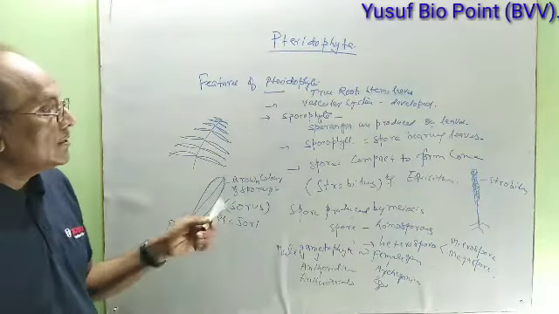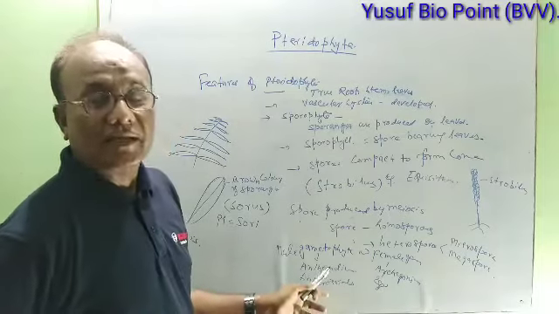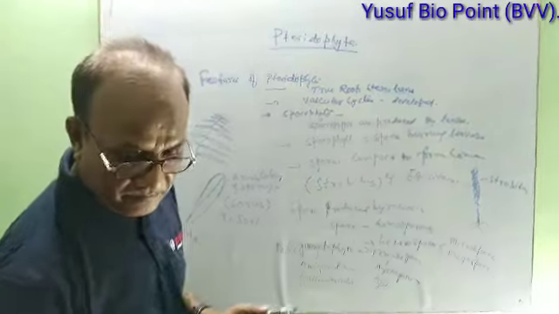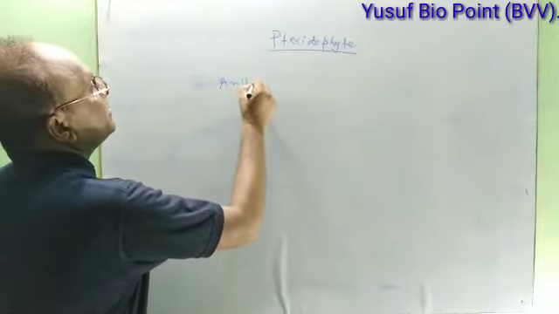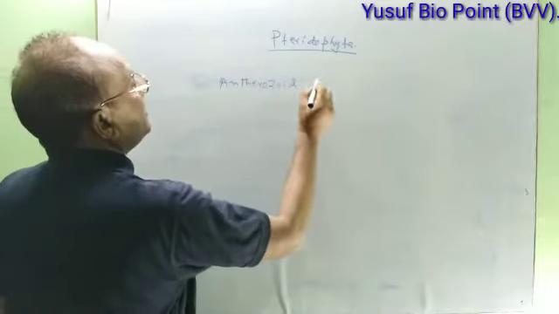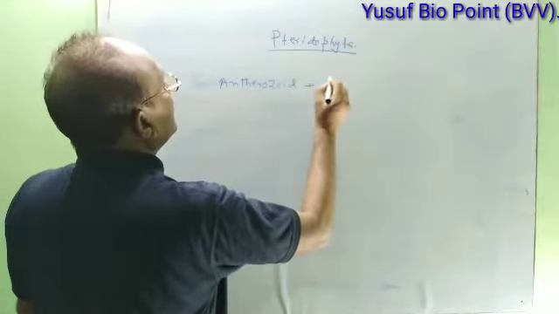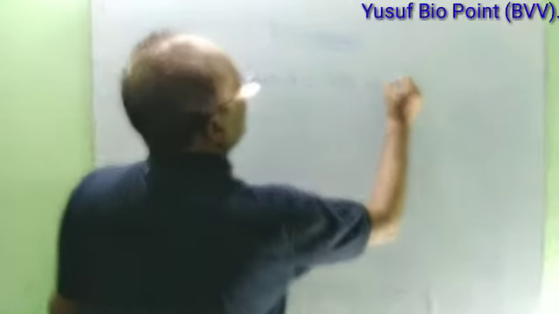These are produced, and on fertilization give a zygote. Now the antherozoid, that is the male gamete, fuses with the egg, that is the female gamete, and forms the zygote.